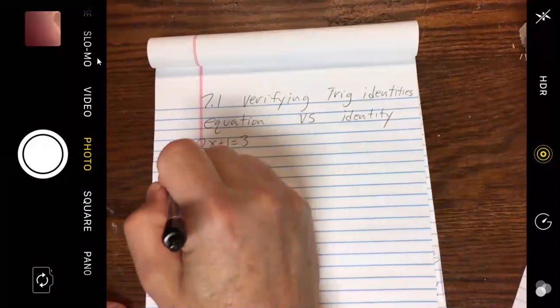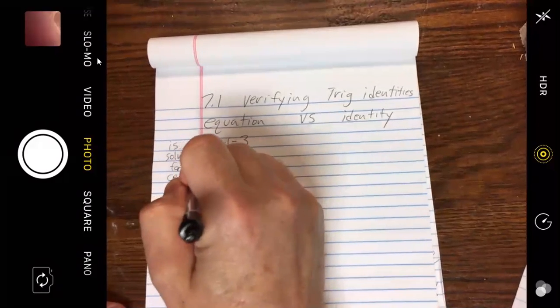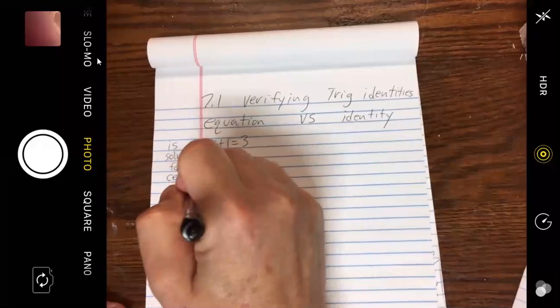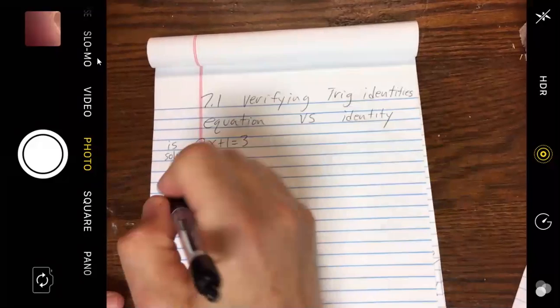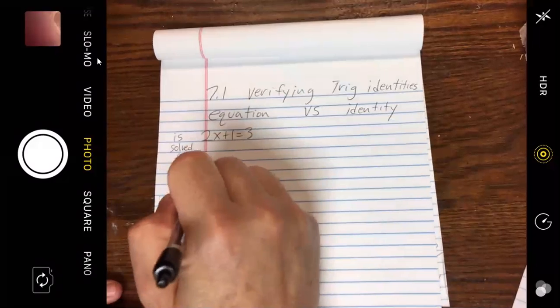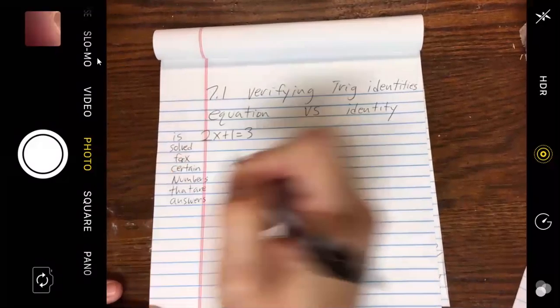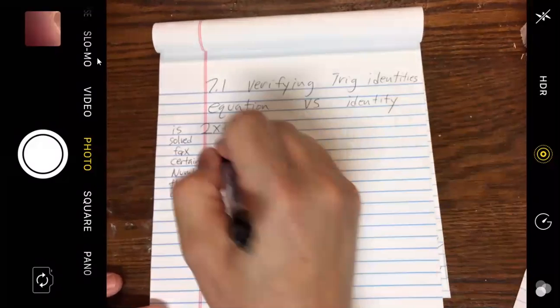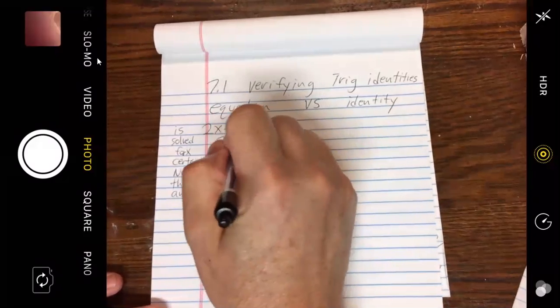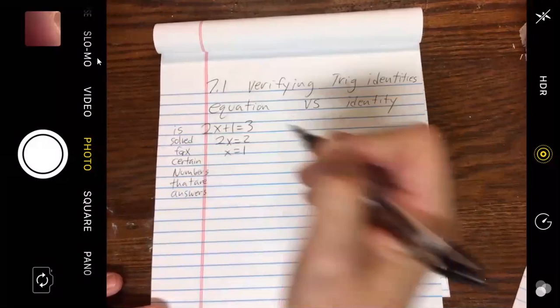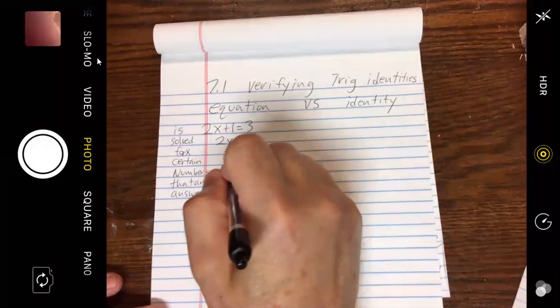There are certain numbers that are answers. So you have 2x equals 2 and x equals 1, and you have solved the equation.